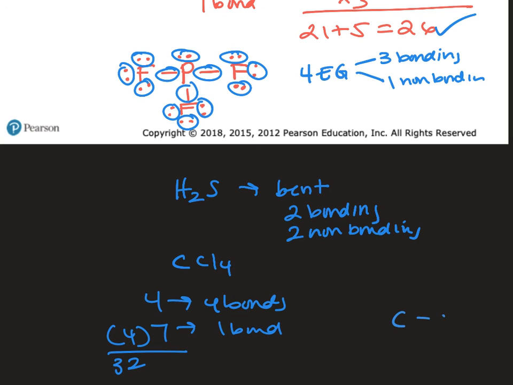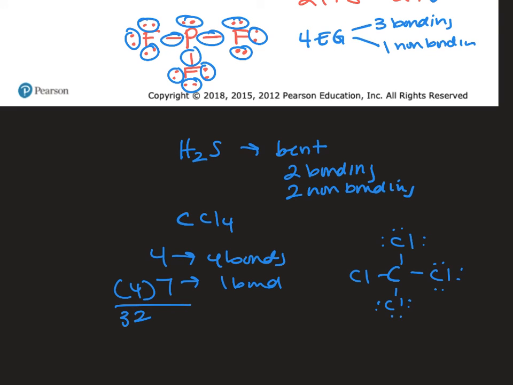Carbon is the central atom. All right, if you count, you'll see we have 32 valence electrons in this configuration. Carbon has 4 bonding groups attached to it, so it is a tetrahedral shape.